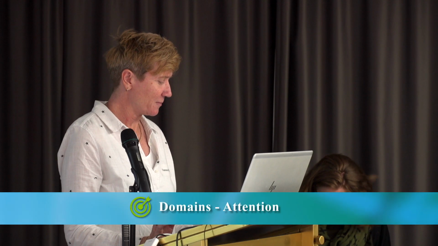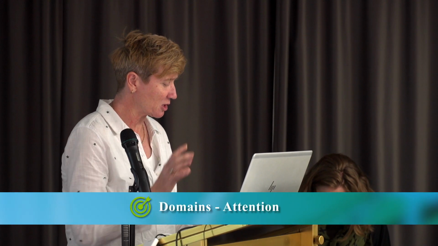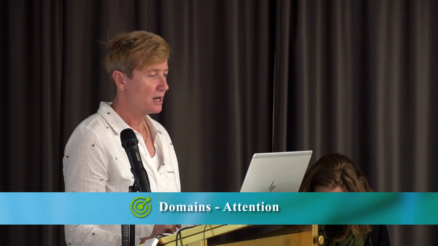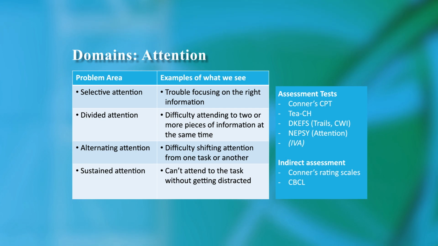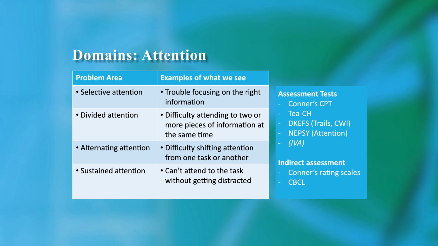So the next one is attention, and we're looking for impairment in two or more various aspects of attention. We're looking at selective attention, so the ability to focus on the right information. Again, this is something that kids with FASD often struggle with a great deal. They have a great deal of difficulty screening out extraneous information and knowing where to put their attention.